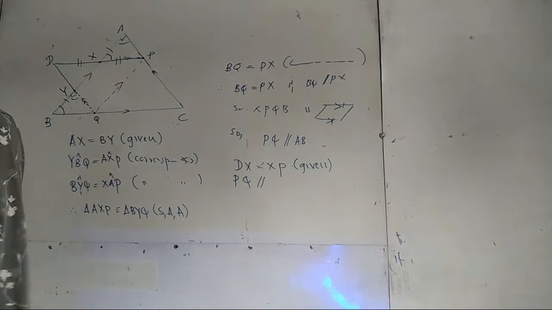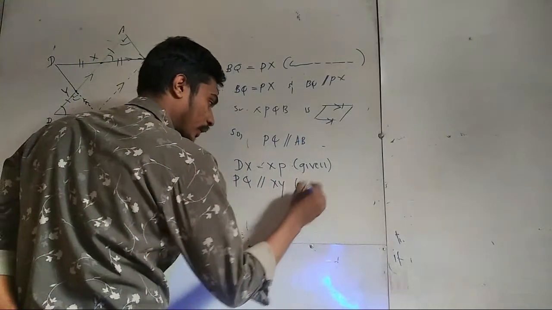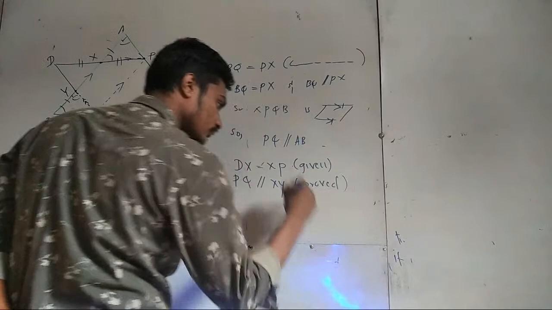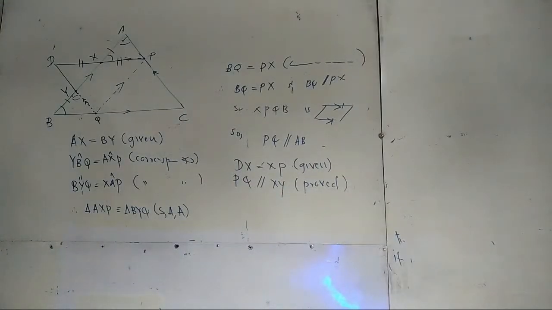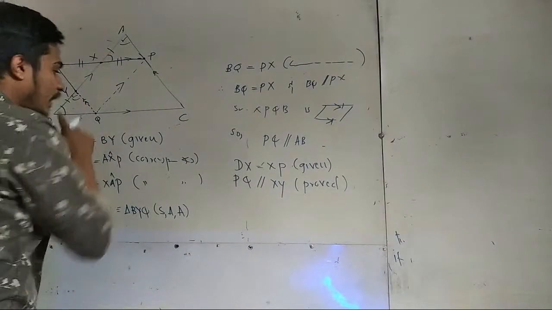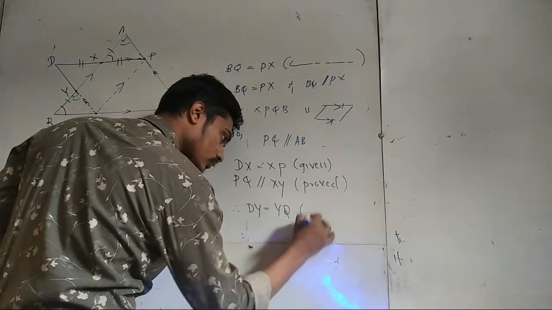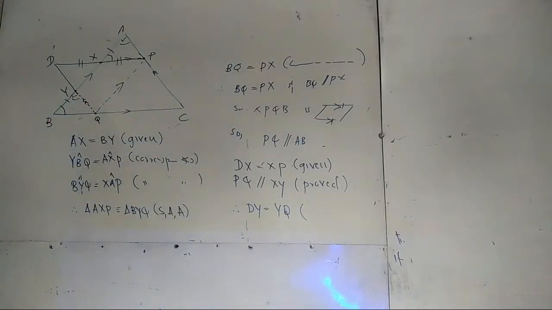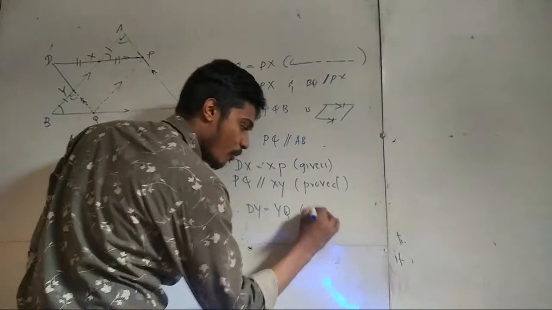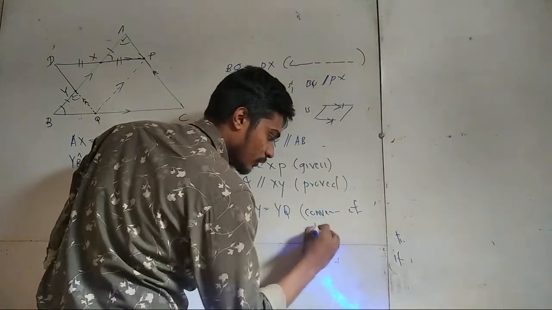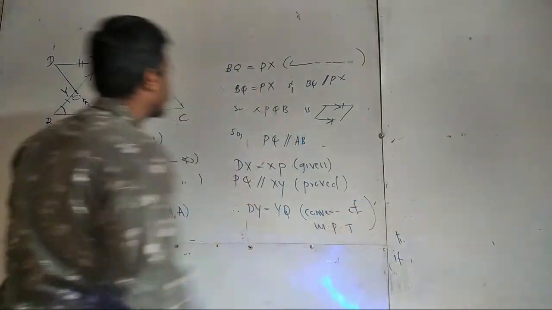We have already proved this. So according to that, what can you say about DY and YQ? They are equal, no? What is the reason? X is the midpoint, XY is parallel to PQ. Converse of the midpoint theorem. Very good.